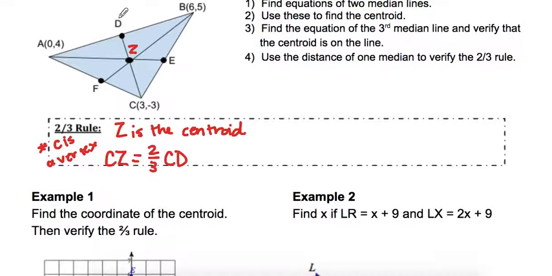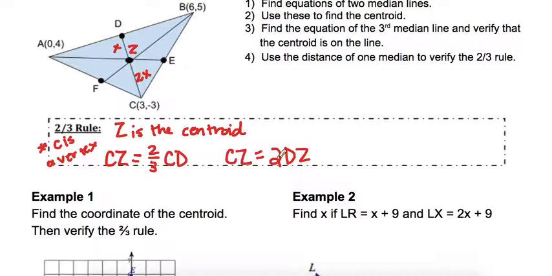So all those work. But if we're thinking about it as this is 2/3 of the way, then this is going to be 2 times something, and this is going to be 1 times that thing to make up 2 out of 3. So another relationship we have here, if we're using this same point, if it's 2/3, then that means that CZ is also twice as long as DZ.